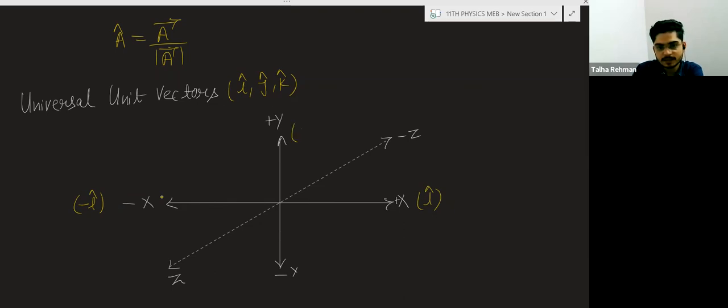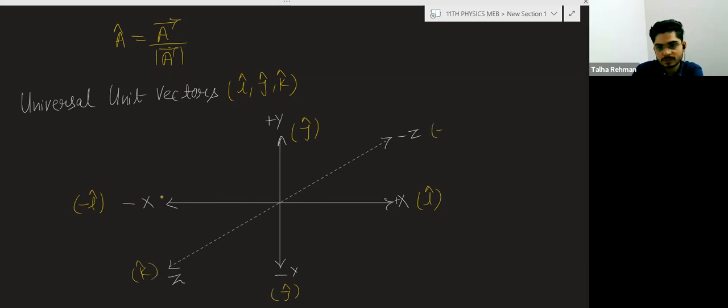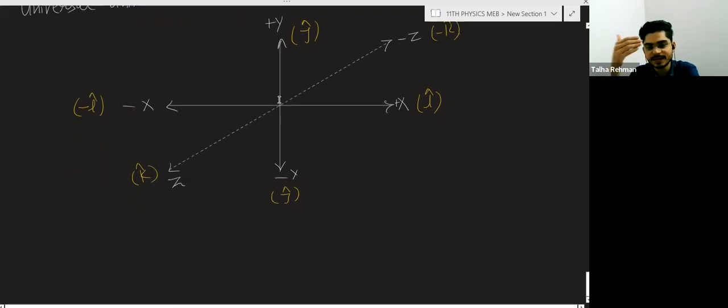This is j cap, this is minus j cap, and this is k cap, this is minus k cap. So i, j, k are the vectors acting along the x-axis, y-axis, and z-axis respectively.